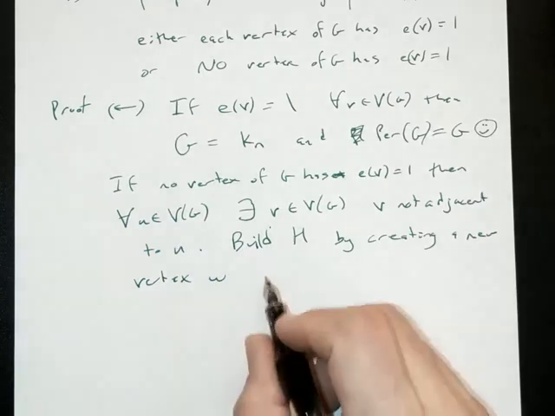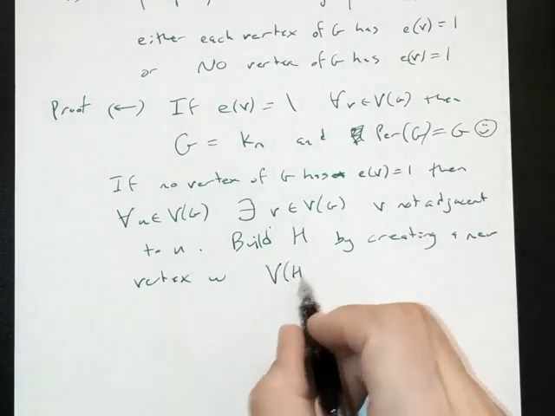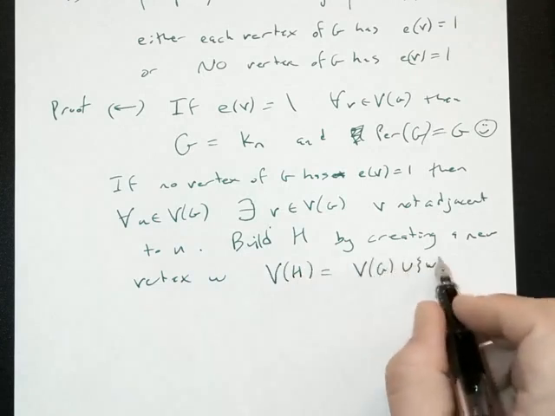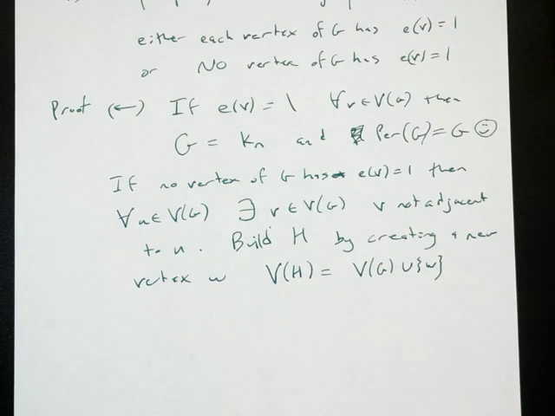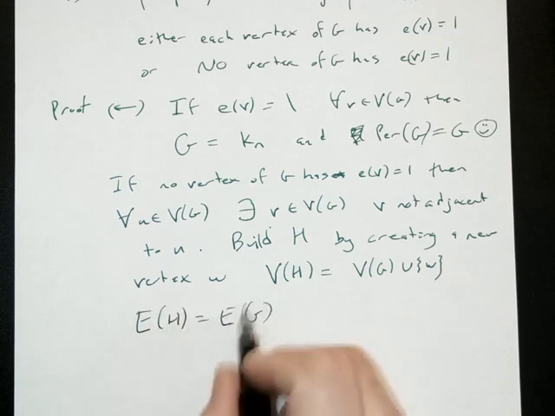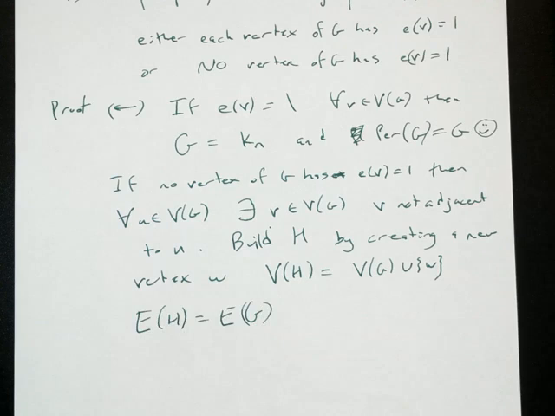V of H is V of G and W. How do I build the edges? Build the edges by taking all of the edges that are already in G and then connecting every vertex in G to W.